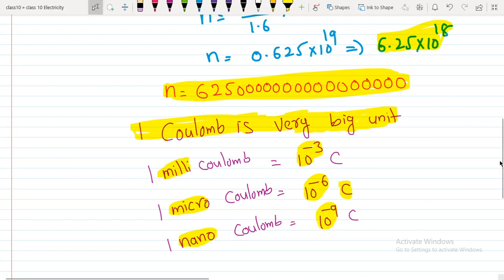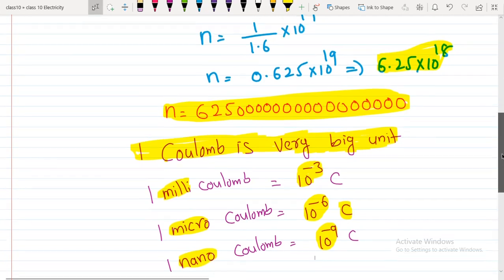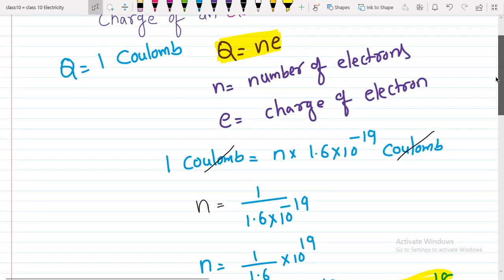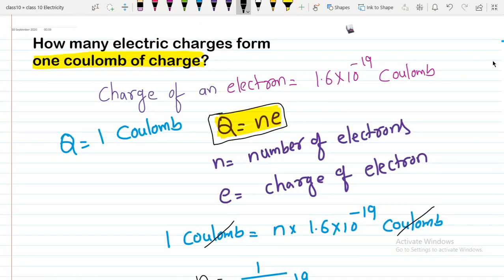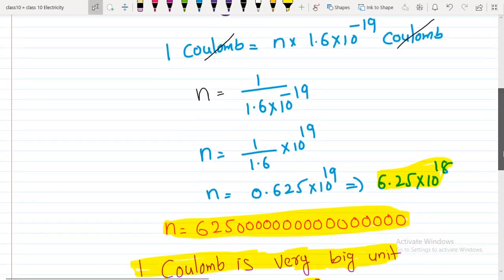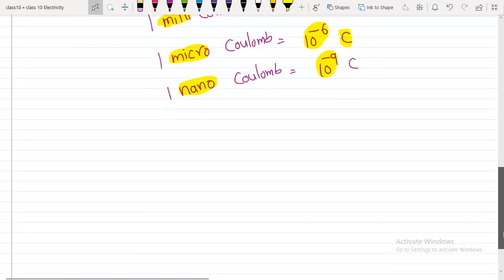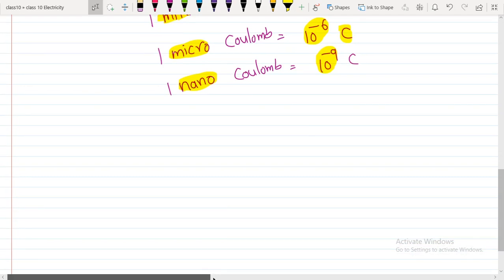Like this we represent smaller units of charge. To find the charge and the number of electrons, this is the new formula, the relation between the charge unit coulomb and the number of electrons. So this is all about how to find the coulombs, charge and the amount of current.